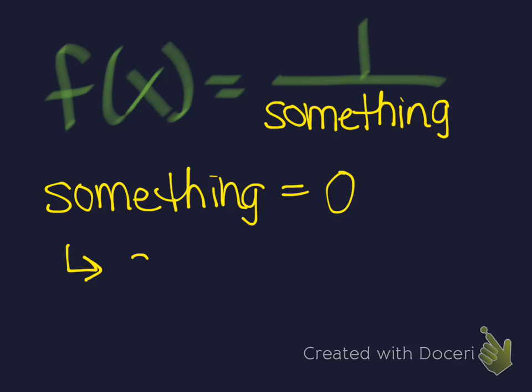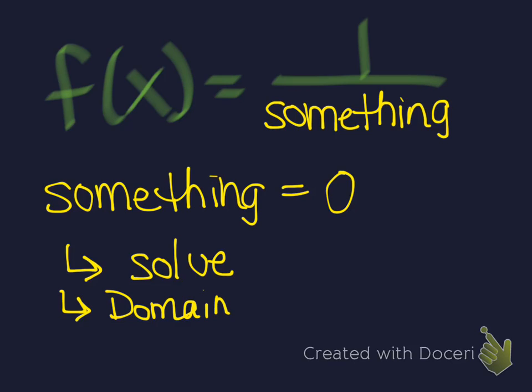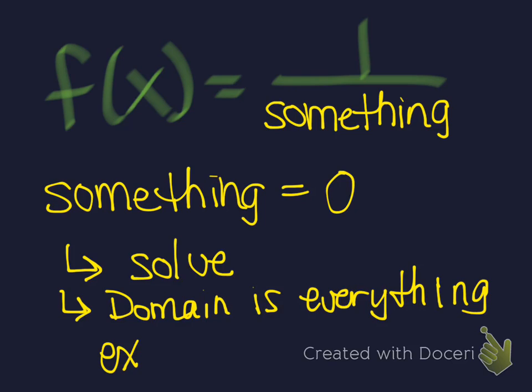And then your next step would be solve. Okay, and the domain is everything except the numbers that you solved for. So except these.